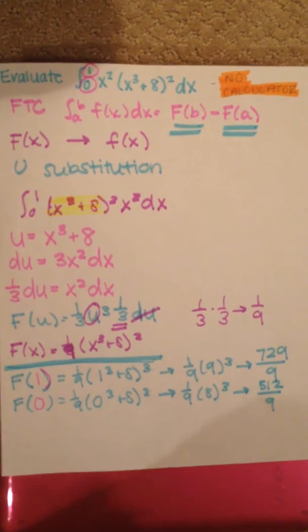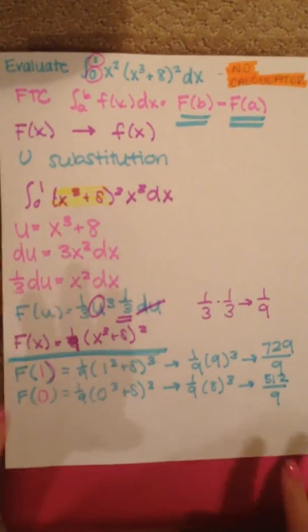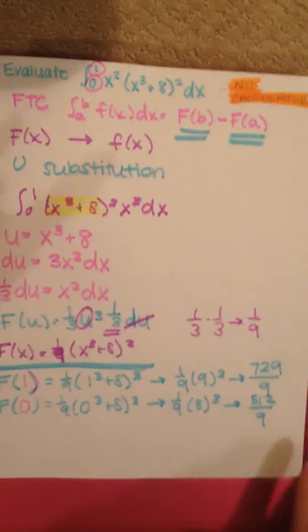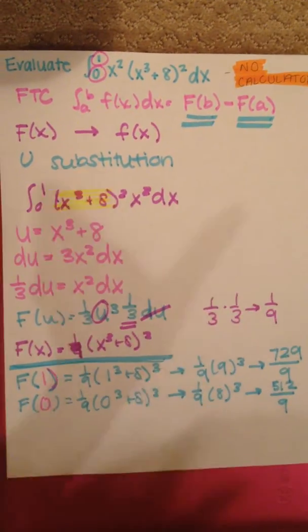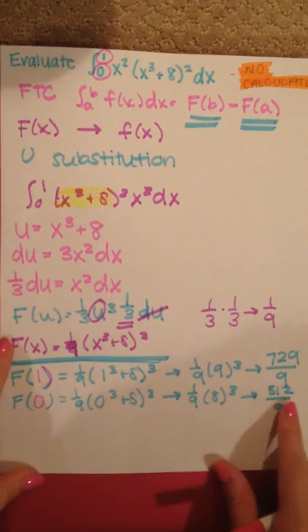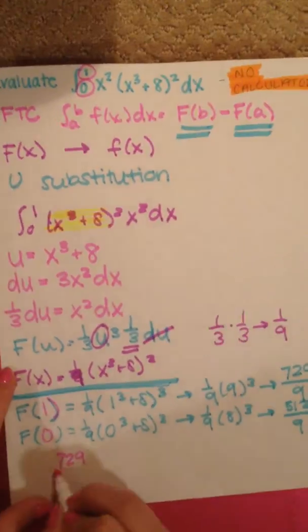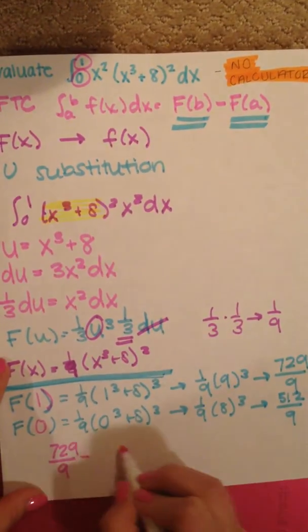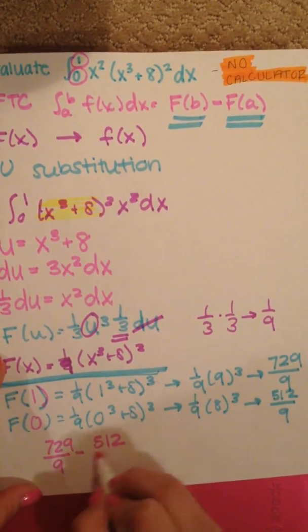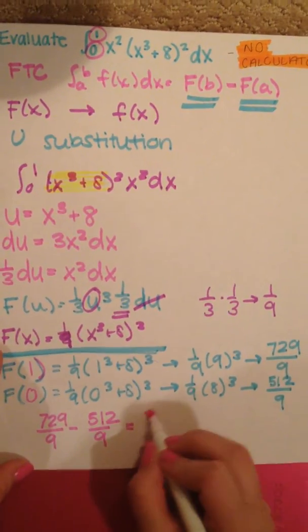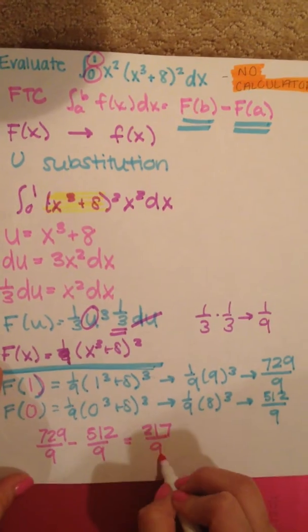So now it comes down to the very end. This is a simple step. Now make sure that you're doing F of b minus F of a and not the other way around, because that will give you a completely different answer. So your F of b is 729 over 9 minus 512 over 9, which equals 217 over 9.